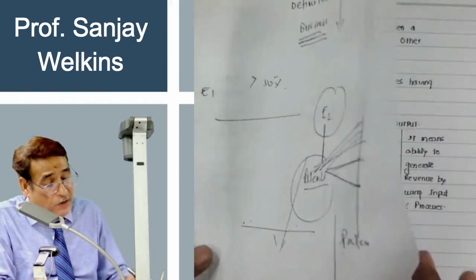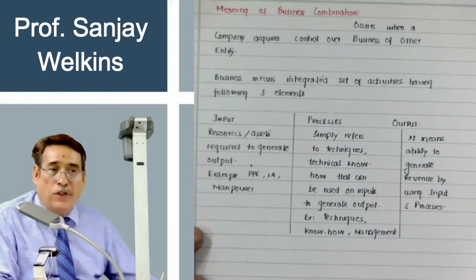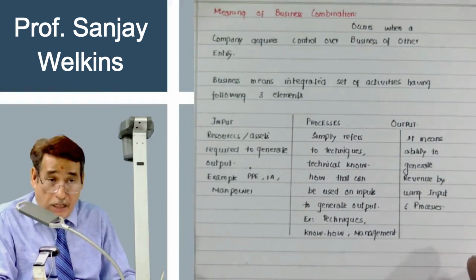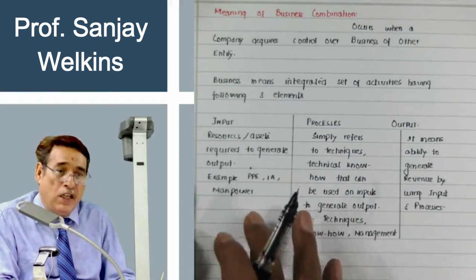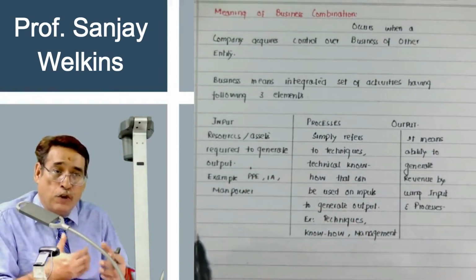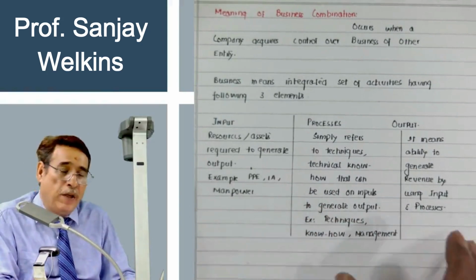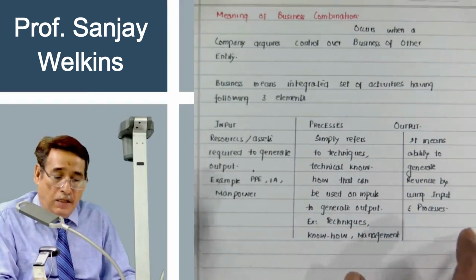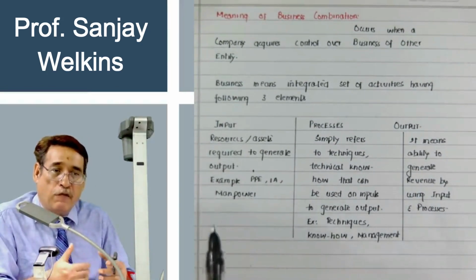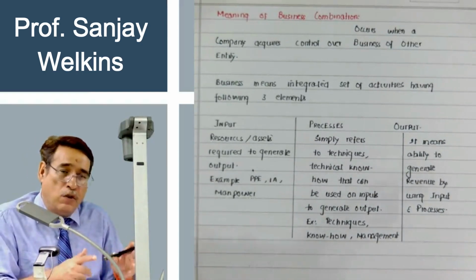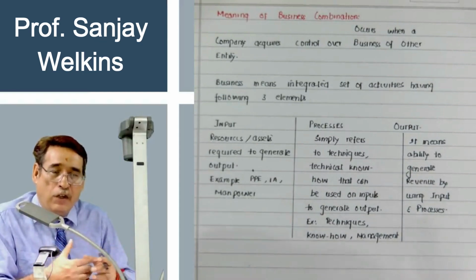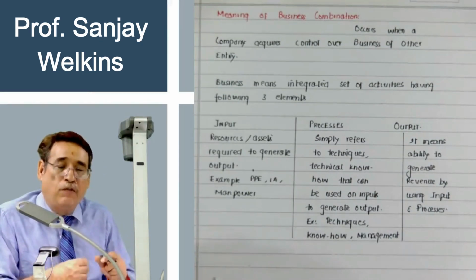So even though the entity might not be producing output at this particular moment, if we have the ability, that means by combining the processes with the input, if we are able to generate the output, that will be considered as this entity meeting the definition of business. So very important is that when we say we are acquiring the control of the other entity, that means basically we are acquiring the control over the business of the other entity.